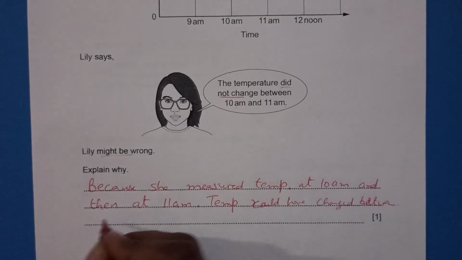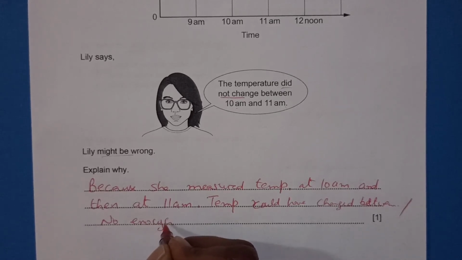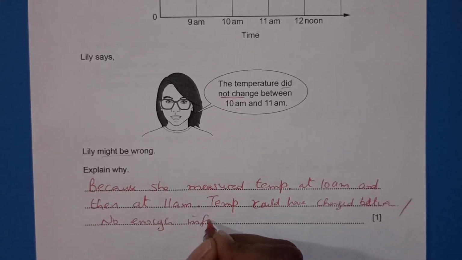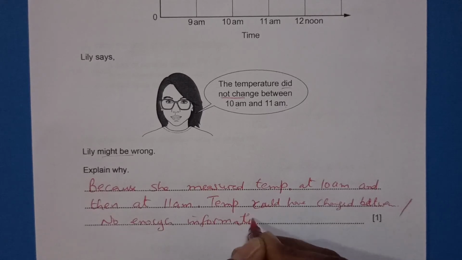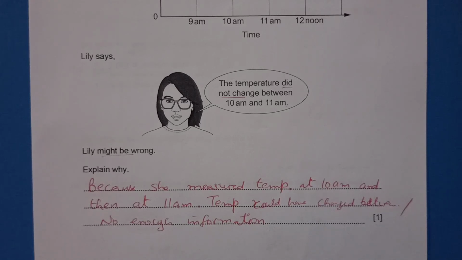Or you can say we do not have enough information. So temperature may change, but she might not have measured it.